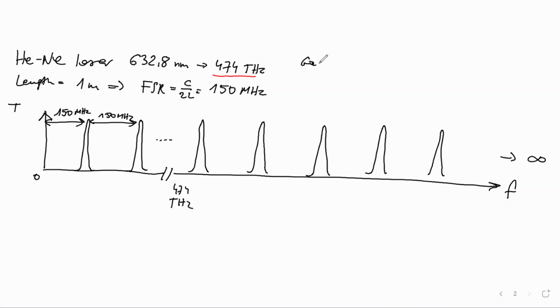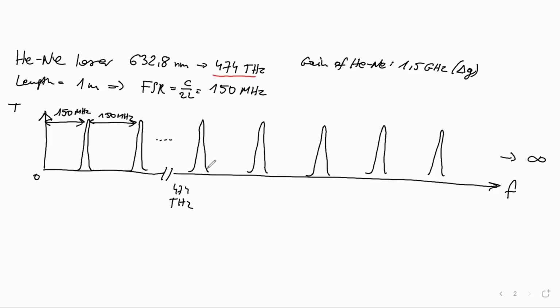So the gain of helium neon has the width of 1.5 gigahertz. This is the gain bandwidth, and the center is, let's say, around 632.8 nanometers.